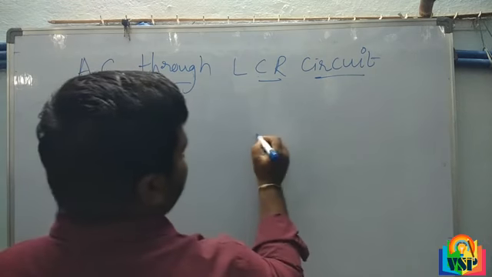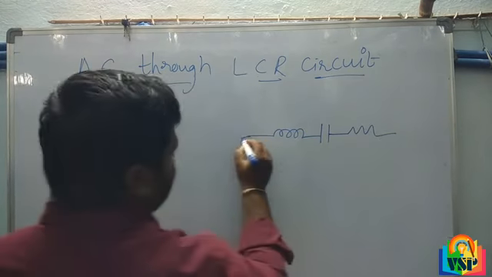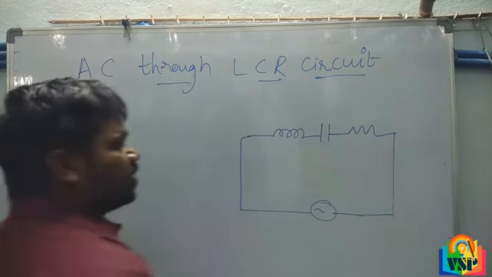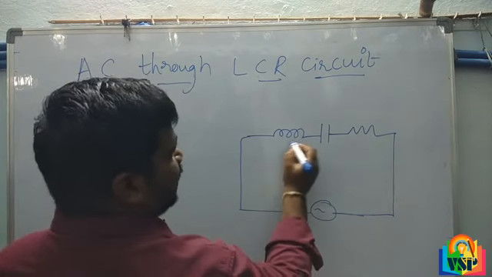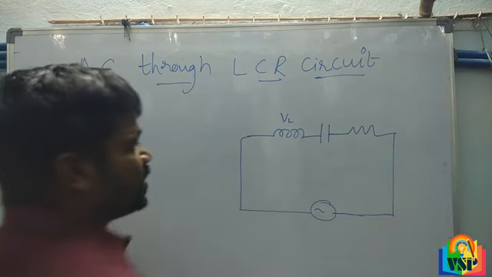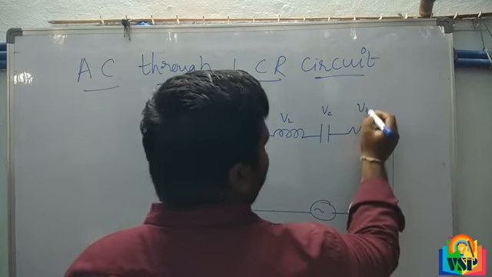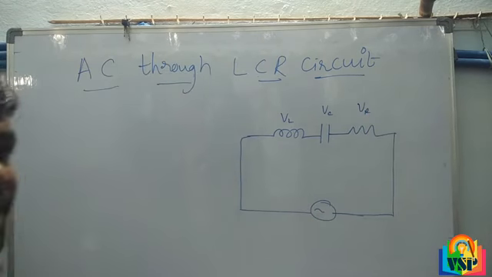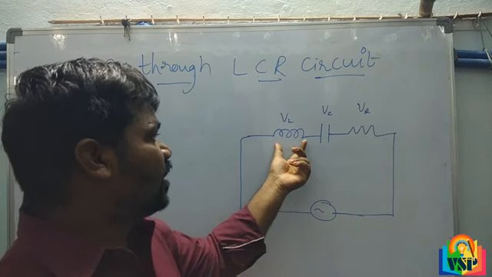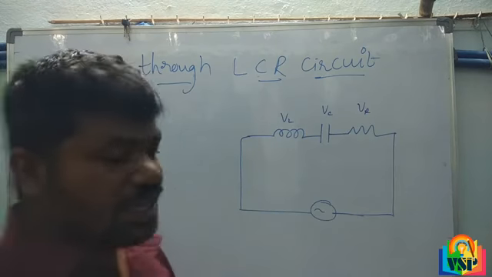Coming to the first diagram: inductor, capacitor, resistance, and an AC source. The voltage across the inductor is V suffix L, the voltage across the capacitor is VC, and the voltage across the resistor is VR.